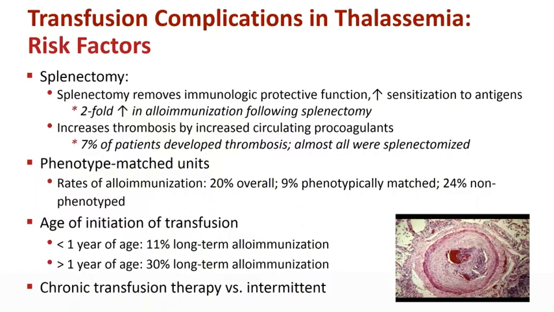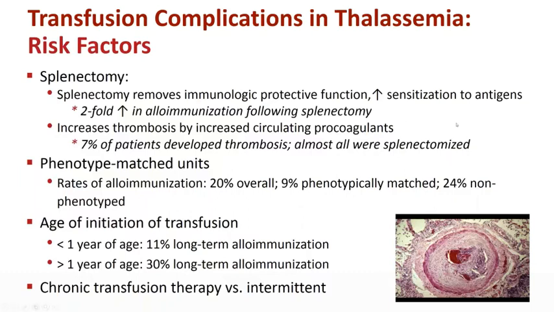It remarkably increases the sensitization to antigens, and overall results in at least a 2-fold increase in alloimmunization following the splenectomy. In addition, splenectomy results in an increased rate of thrombosis caused by release of circulating procoagulants, platelets, and other factors that cause thrombosis. In the population as a whole, 7% of the patients developed significant thrombosis, all were splenectomized.